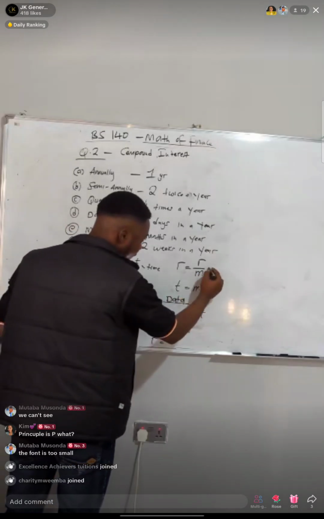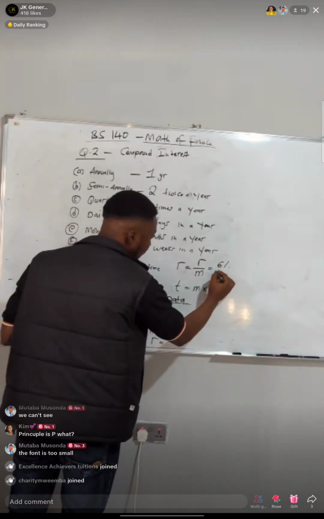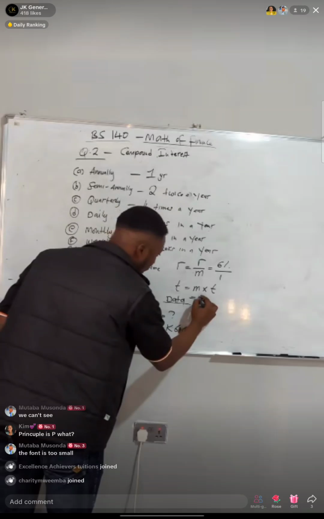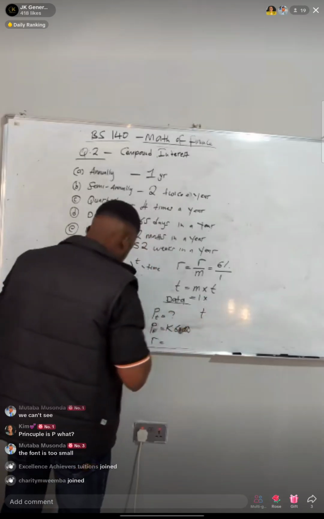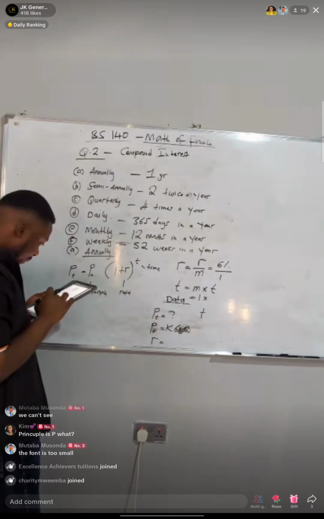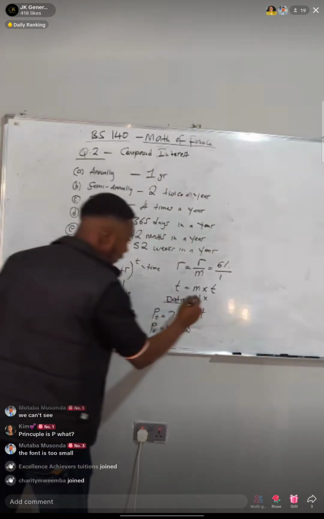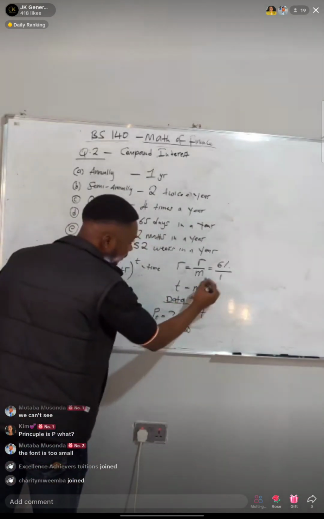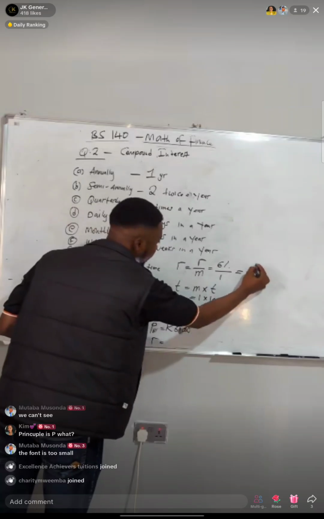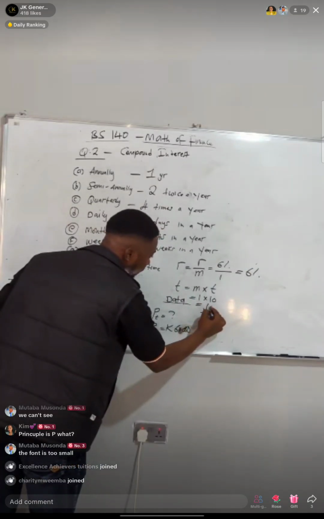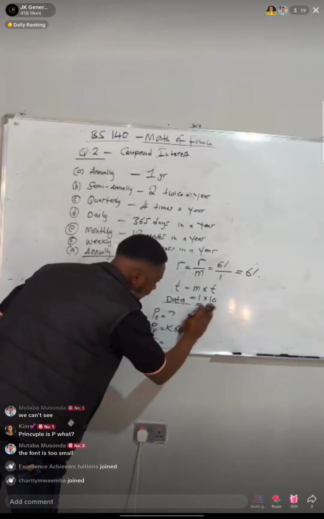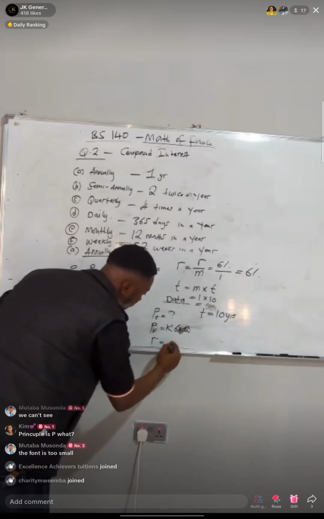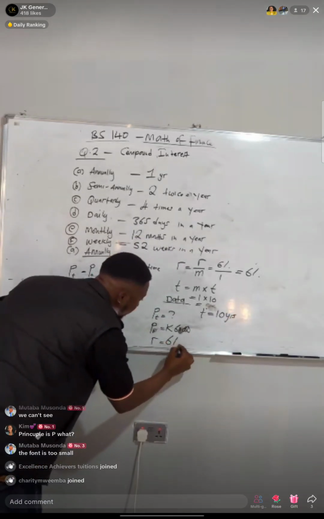So it will be 6% divided by 1 for the time, 1 multiplied by how many years? So we check the number of years, 10 years. Here we are still getting 6%, here we are still getting 10. So our T there is 10 years, our rate is 6%.